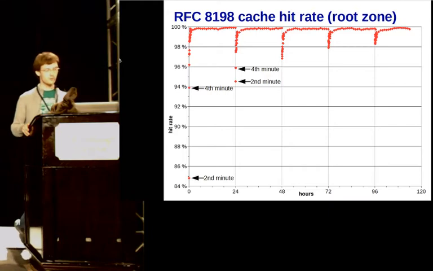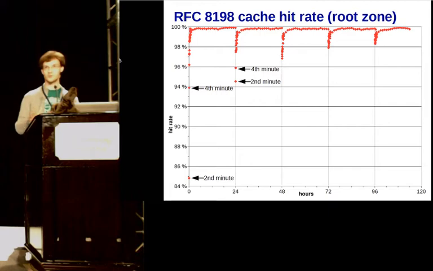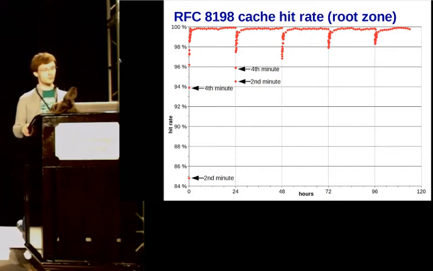After 4 minutes, it goes up to 94%. So it's an extremely sharp increase in the hit rate when we are focused on the root zone data. After a couple of minutes, it gets to 99% or more. And after 24 hours, it sharply drops again, and it starts climbing. And in a couple of minutes, it's back at 99%.